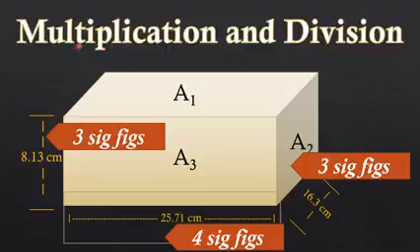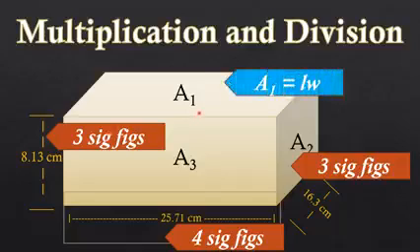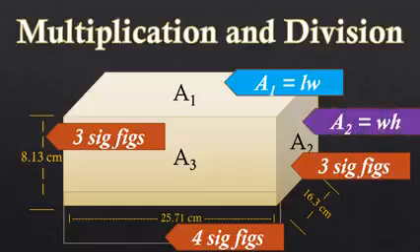Since we are multiplying, yung operation natin is multiplication, dapat yung final answer, yung magiging product, must contain the least precise measurement. And that is 3. Okay? So dapat yung final answer natin contain 3 significant figures. Again, in order to find the first area, we need to multiply length by width. Area number 2, multiply width by height. And area number 3, multiply length by height.